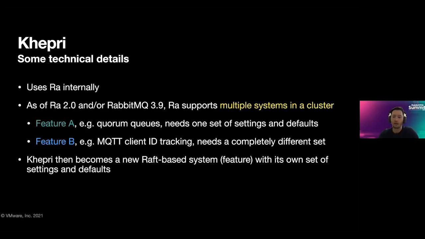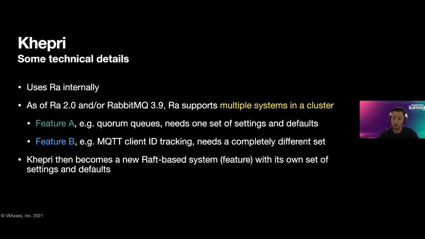So yeah, this sounds like a lot of stuff, so let's maybe focus on some specific aspects. As I said, Khepri uses Ra, our Raft implementation, internally. I don't think we have mentioned it in any of the talks, but Ra 2.0 in RabbitMQ 3.9 supports multiple subsystems in a cluster.